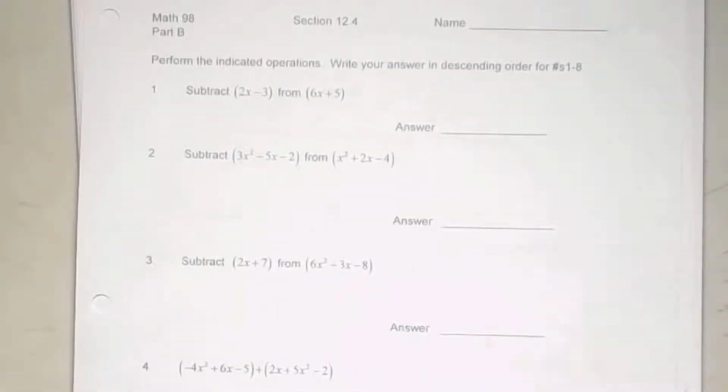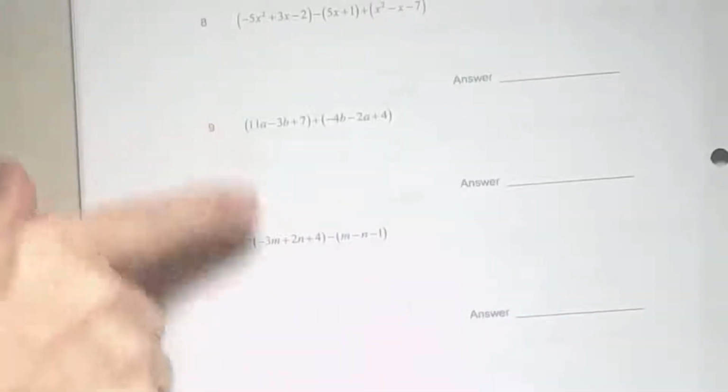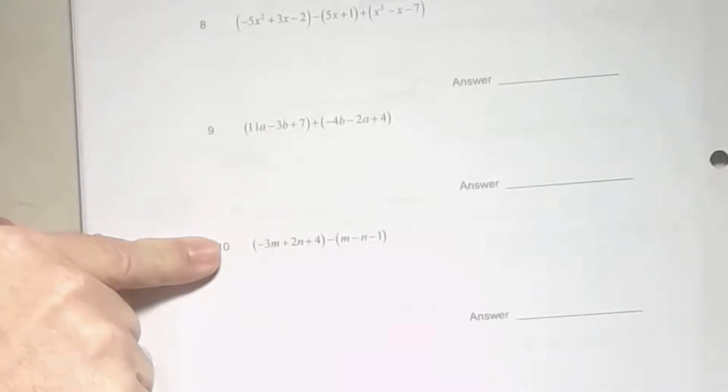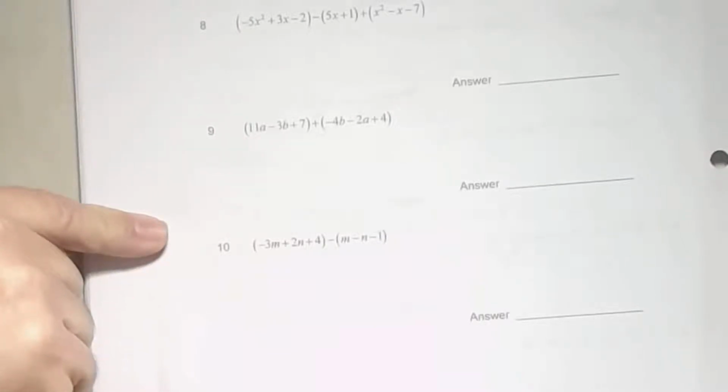All right. Now notice the direction says write your answers in descending order for numbers 1 through 8. Now, if you look at 9 and 10, you have different variables. So that's why I didn't say write in descending order. But the others, there's just one variable involved.